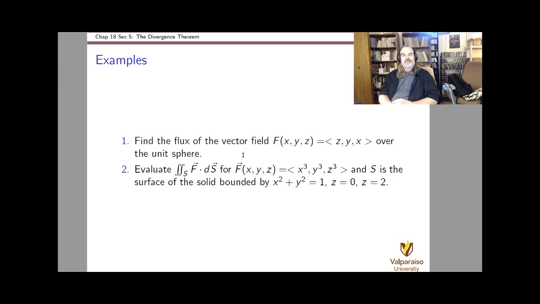And then another flux integral where x cubed, y cubed, z cubed is our vector field, and the surface is going to be a cylindrical surface. Well, here, coffee mug again: z equals 0, z equals 2, unit circle cross section. There we go. My coffee mug is the solid and the surface that we'll be talking about. So there might be a jump in the video here while I switch cameras.